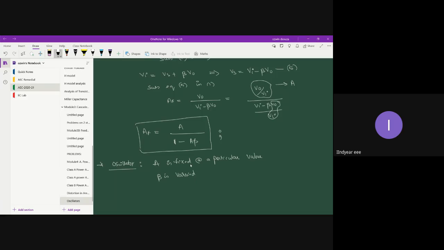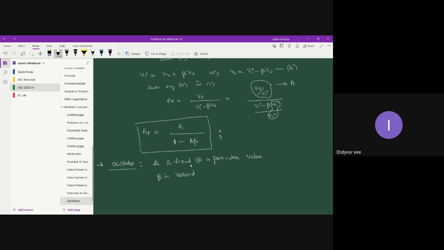Eventually you will see how exactly we generate an oscillator waveform even when no physical AC input is present. We play around with the feedback factor parameter. As we vary the factor beta, you will get some crazy kinds of waveforms, and at one particular value of beta you will get a pure sinusoidal waveform, and that point is called the condition for oscillation.